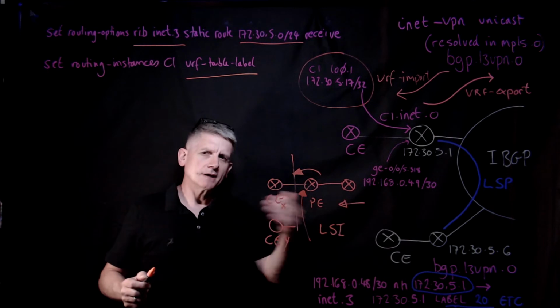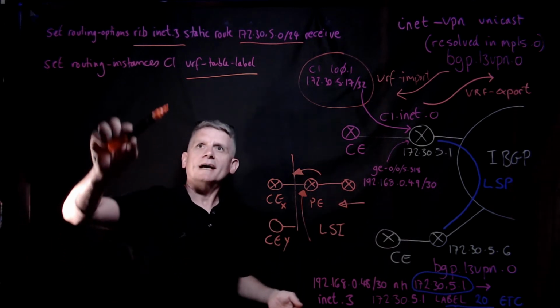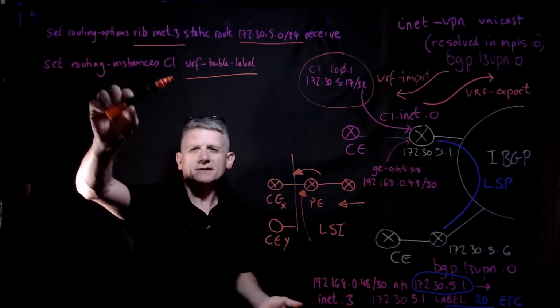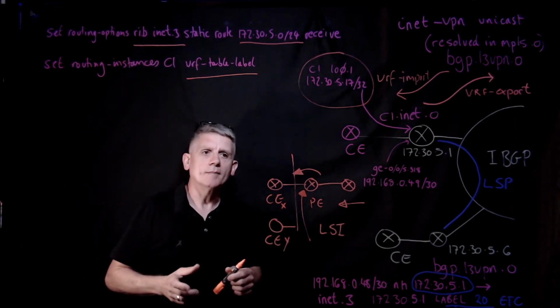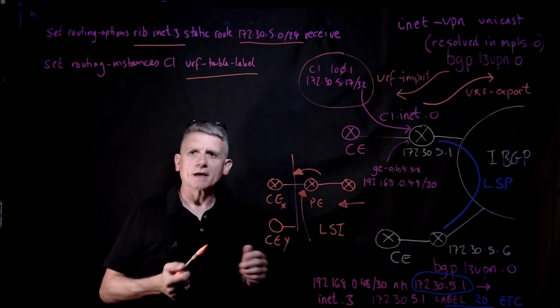Now, we're going to be looking at an example coming up where we have a couple of VRFs, like a send and receive. We're going to need VRF table label on both. And there are some other instances where we're going to need it.